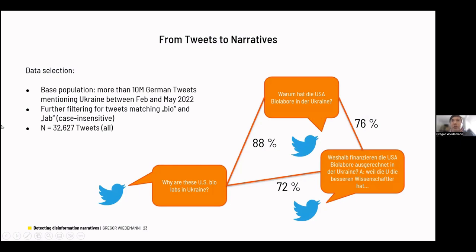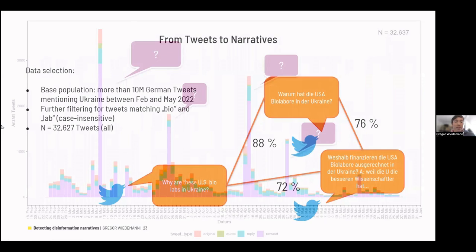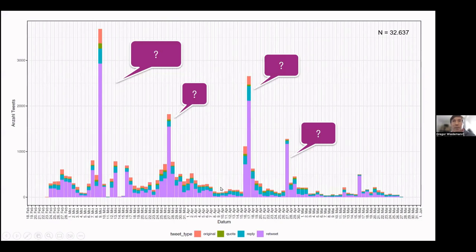So first, let's look a little bit at the frequency distribution over time. So we see that we have a kind of constant appearance of this biolabs thing in the Twitter data over time, but there are also a number of peaks which are very obvious. And it would be, for instance, very interesting to see what happens in these peaks. And this graphic here also distinguishes between different tweet types. So we have original tweets, quotes in green, reply tweets in blue, and then in this purple color, the retweets.